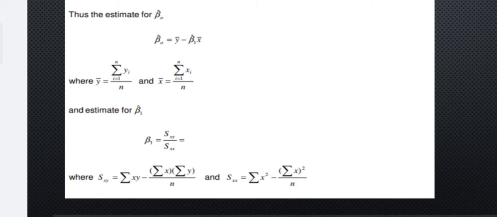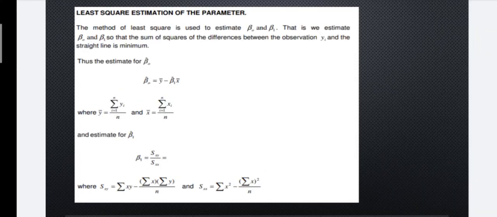Macam mana nak cari summation of xy? Kan kita ada data x, kita ada data y, kita ada kolom x, ada kolom y. Summation of xy ni adalah total of bila you multiply x dengan y. Okay, let's say we have the two column kan. Kolom x dengan kolom y. So summation xy ni adalah total of when you multiply x dengan y.